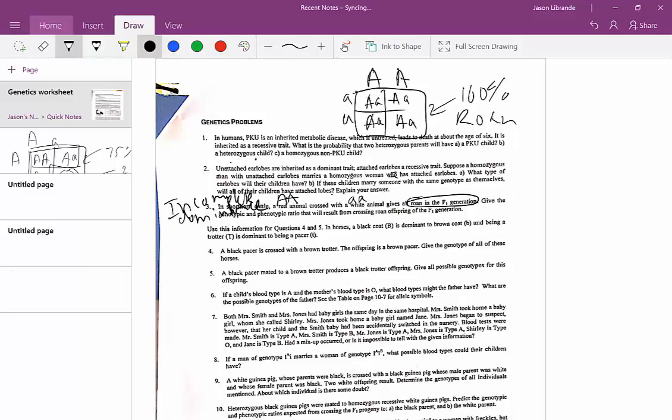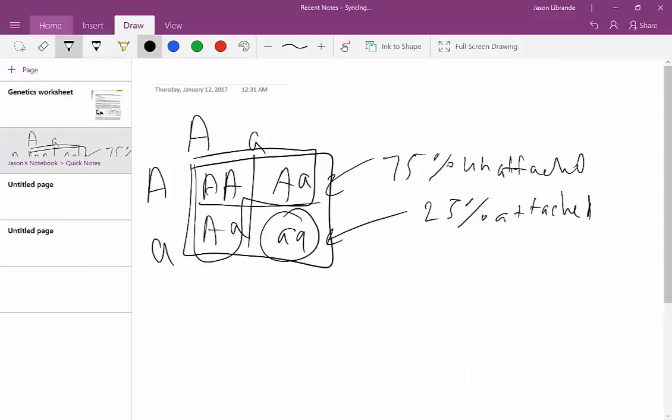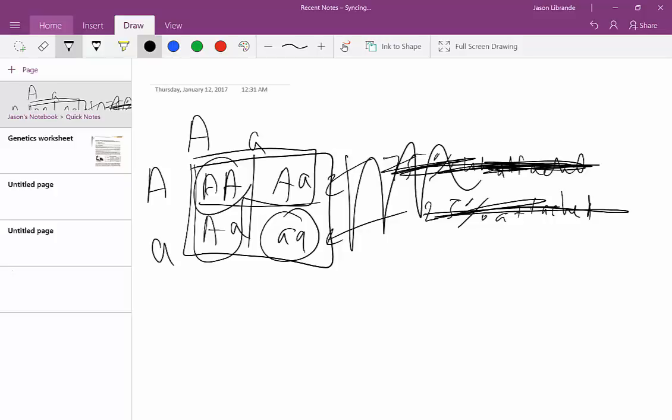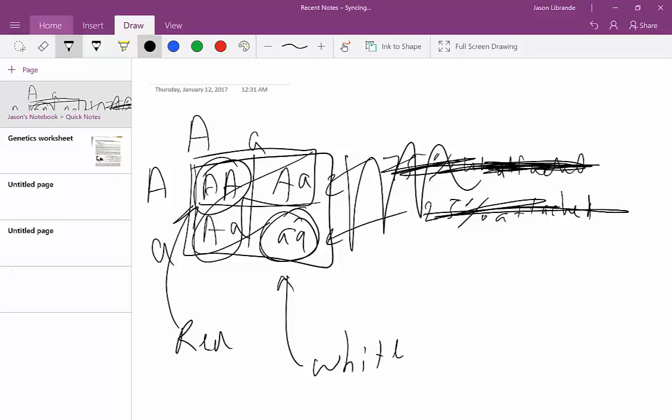So you'll get the same cross as we did with the previous question. If you cross those roan animals, which are heterozygous, since this is incomplete dominance, it messes with the ratios. You're going to have 25% red, 25% white, and 50% roan.